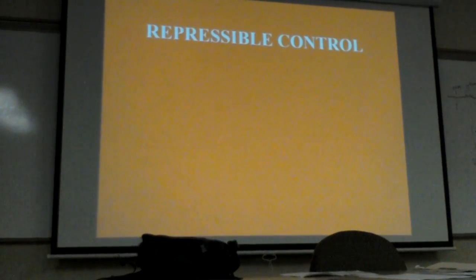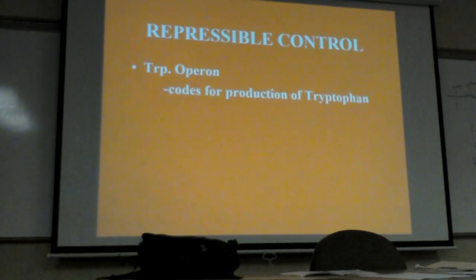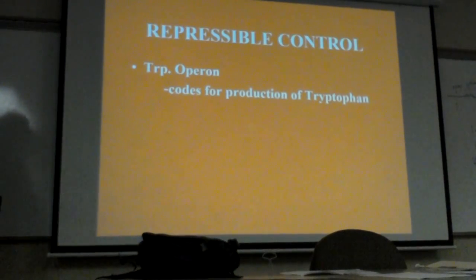And the best example, the classic example we look at, is something called the trp operon, short for the tryptophan operon. And big surprise, the trp operon codes for the production of tryptophan.